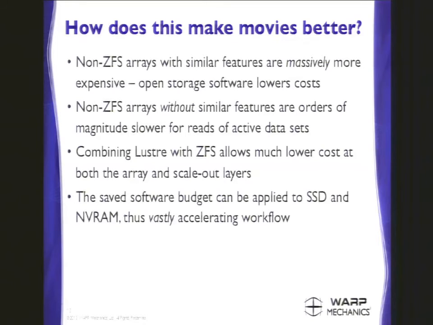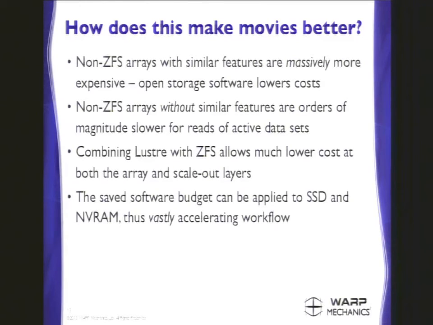So, how does this really help the movie industry? Well, there's vast cost savings. I don't want to get into specifics since this isn't a marketing pitch, but open storage as a RAID controller does save a lot of money. And if you're buying petabytes and petabytes of data, it adds up pretty fast. But this gets you a set of features that are superior to most commercial hardware RAIDs.